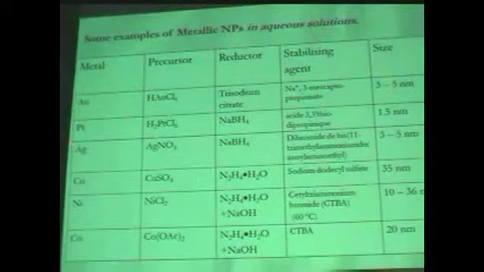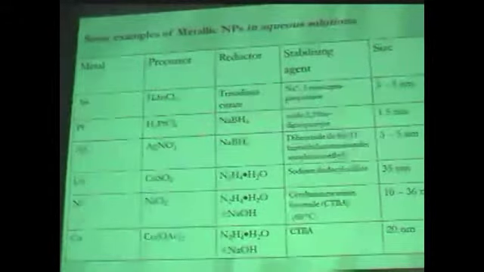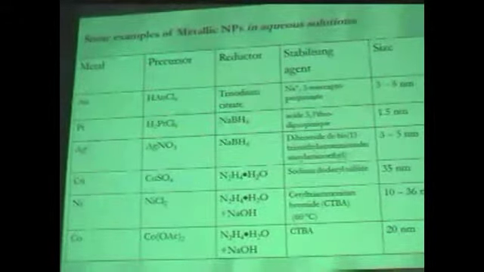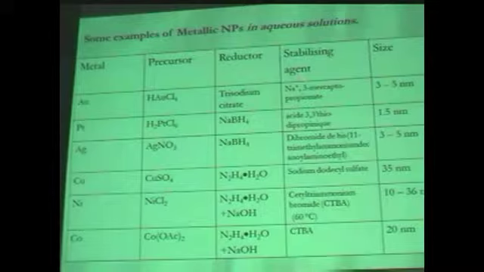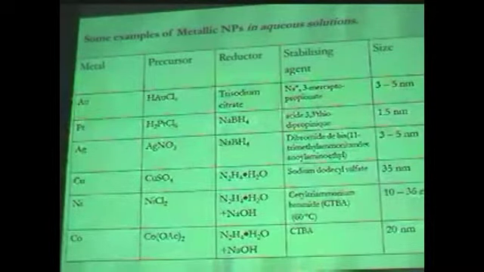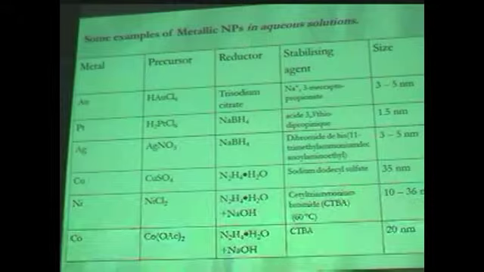The platinum also may be synthesized from the H2PtCl6 precursor by using this reductor, and also by using this stabilizing agent. We obtain narrow size distributed nanoparticles of 1.5 nanometers. The silver nanoparticles from AgNO3 with a size ranging from 3 to 5 nanometers, etc.